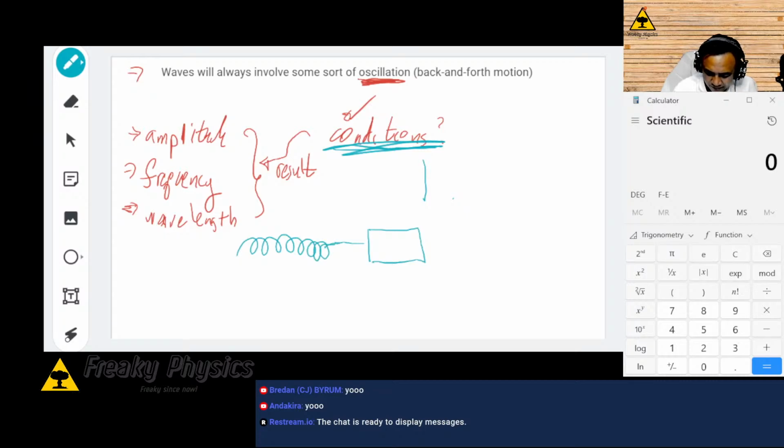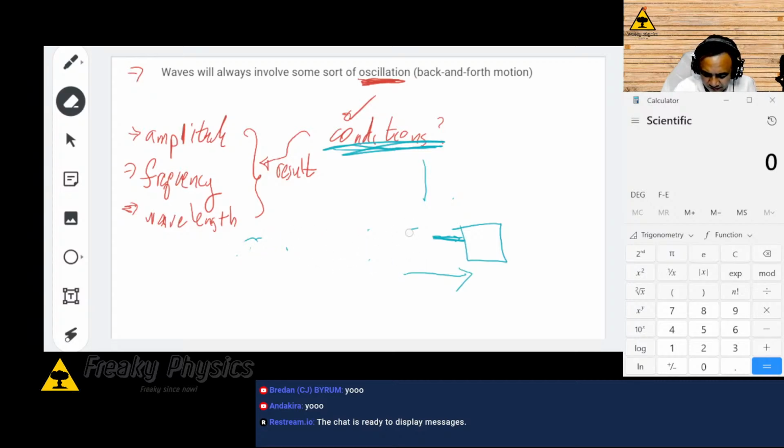Now, let's say this mass is moved this way so that it's now here. When you do that, what happens to the spring?